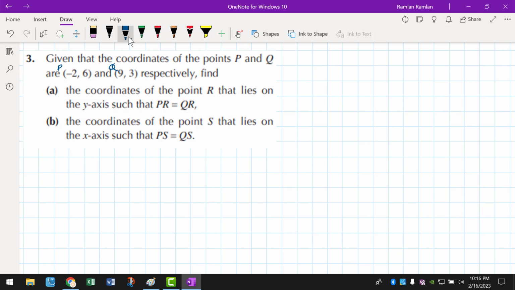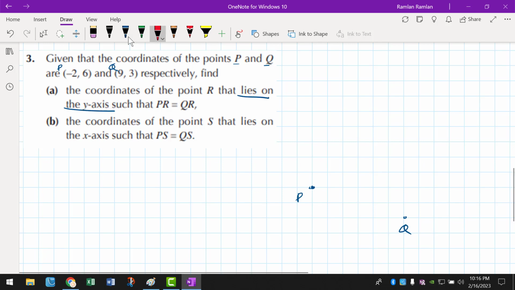So we already know the points P and Q on the Cartesian plane. For example, P is over here, and Q is approximately like this. It doesn't matter which one. You can actually draw that in the Cartesian plane, but this time it's just a random point. Okay, so let's say I have this point here, and then I have another point which is R that lies on the y-axis.